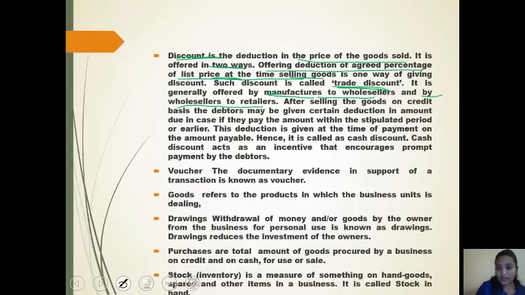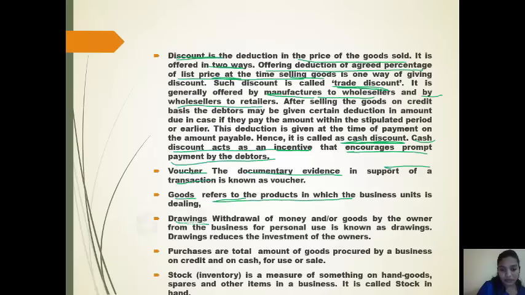The other one is, after selling the goods on credit basis, the debtors may be given a certain deduction in amount in case of payment within the stipulated time. This other discount is cash discount, and cash discount acts as an incentive that encourages prompt payment by the debtors. Now, voucher is a documentary evidence in support of a transaction. Goods refers to the products of the business.